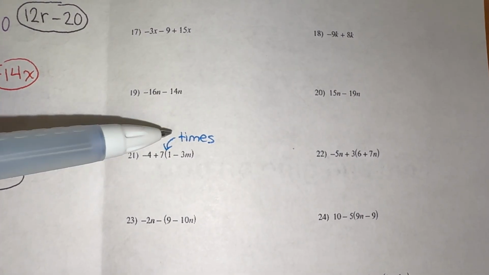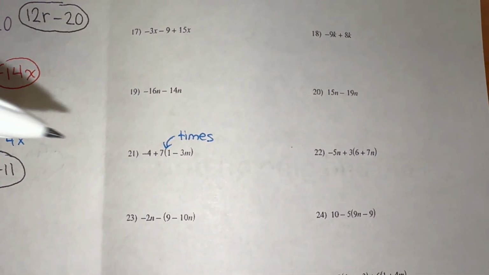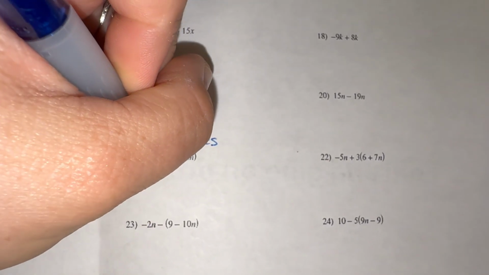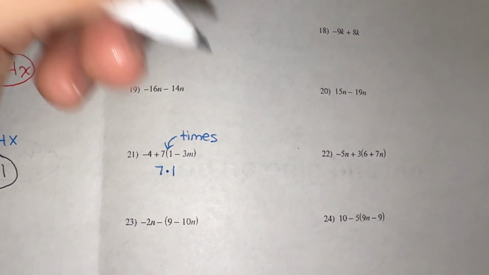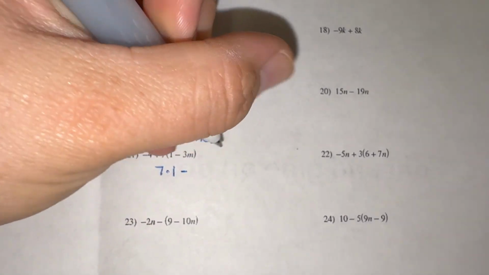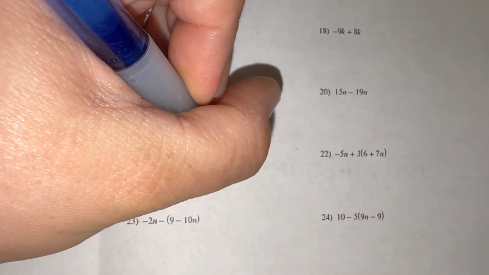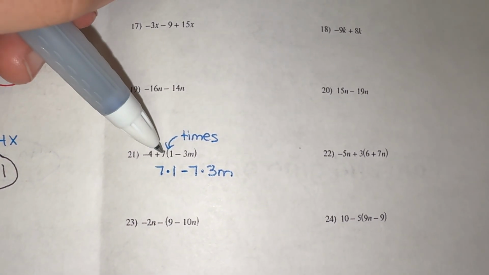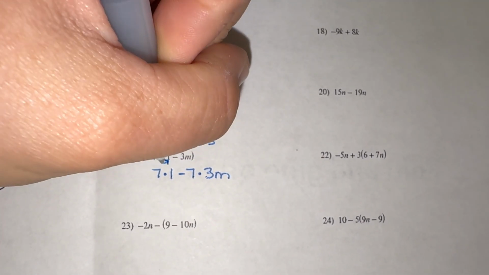have to multiply, because the order of operations wants us to multiply before we add. So we're going to go ahead and multiply 7 times 1, that's inside the parentheses, minus 7 times 3m. Okay, when we multiply that outside number, we want to make sure we multiply everything inside.